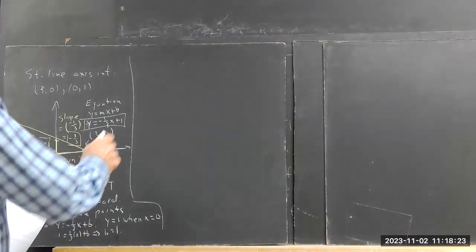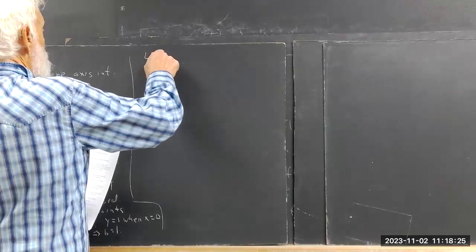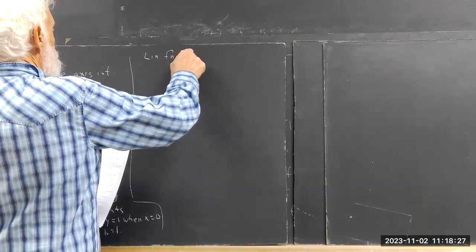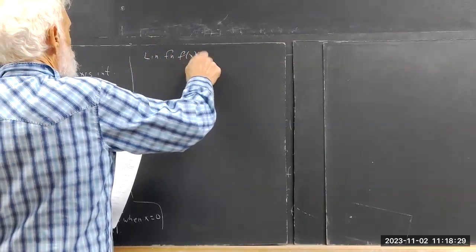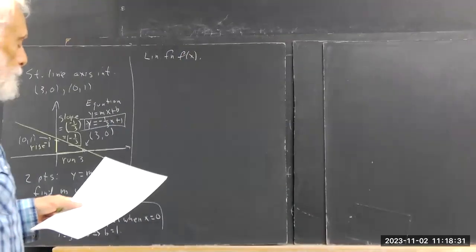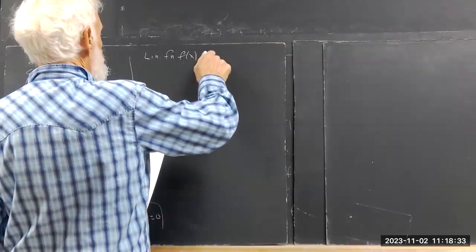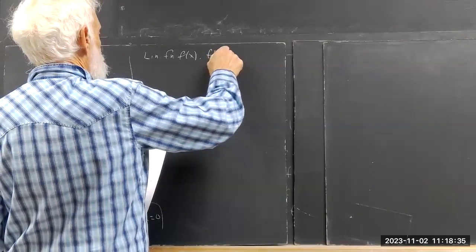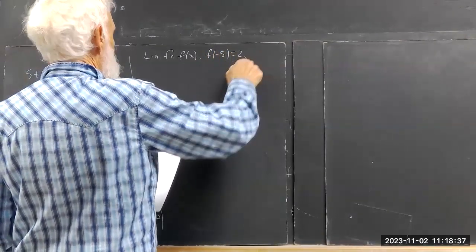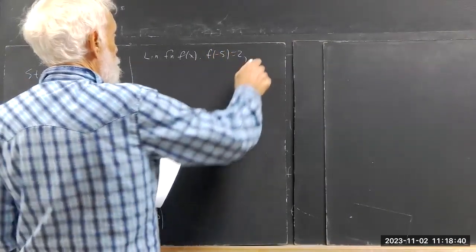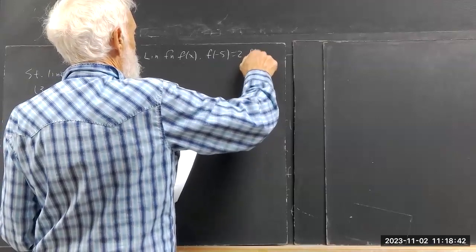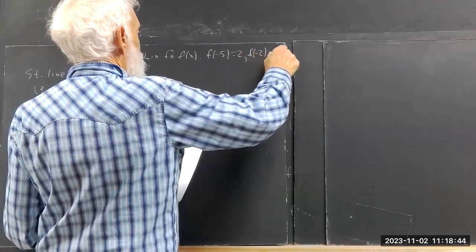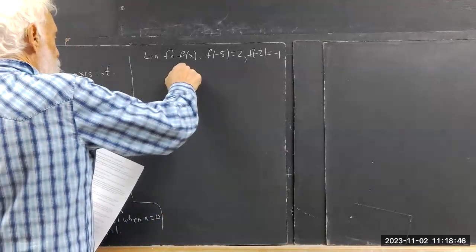Now we've got another one. Linear function f of x, f of negative 5 equals 2, and f of negative 2 equals negative 1. What's that mean?